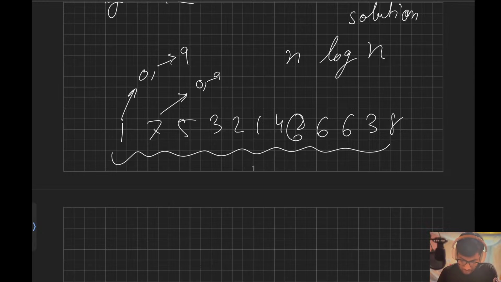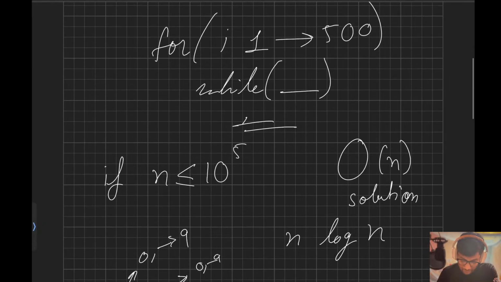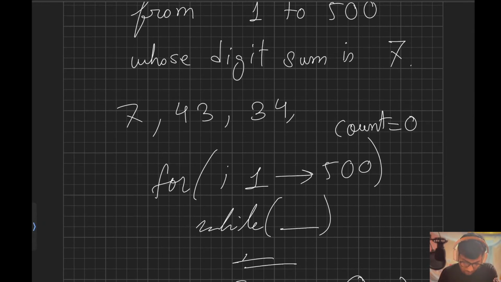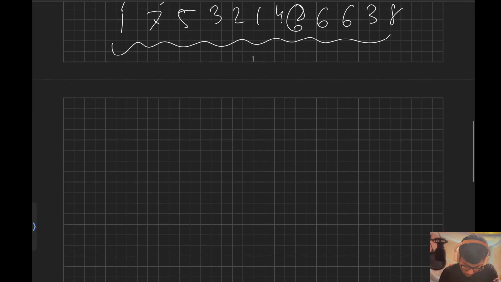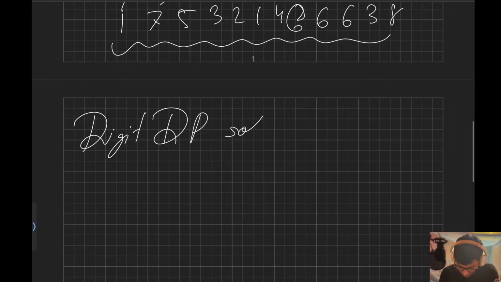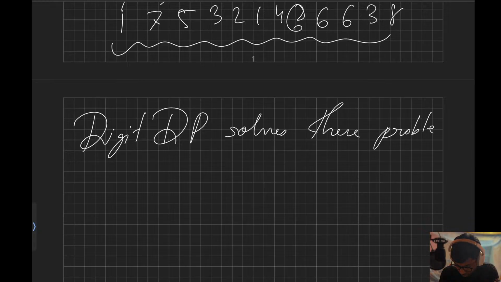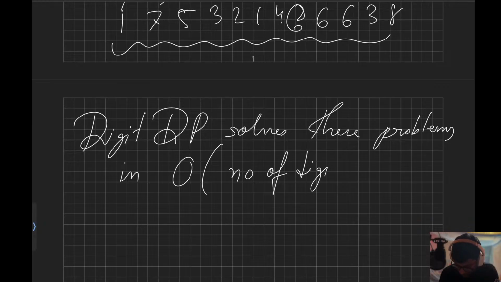This helps us solve this entire thing in order of, so digit DP solves these problems in order of the number of digits, approximately, not exactly.